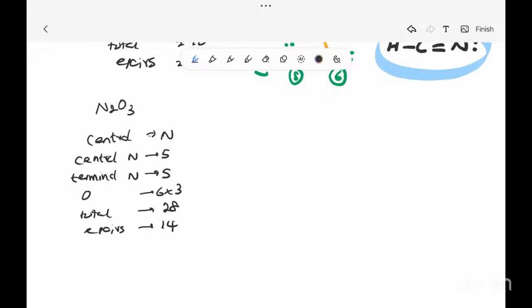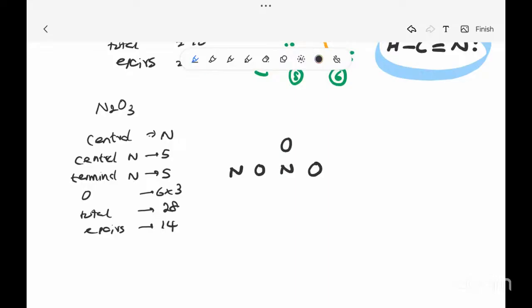Which means there can be two central atoms, virtual, right? So how I place this is like this: nitrogen, oxygen, nitrogen, oxygen, and nitrogen.